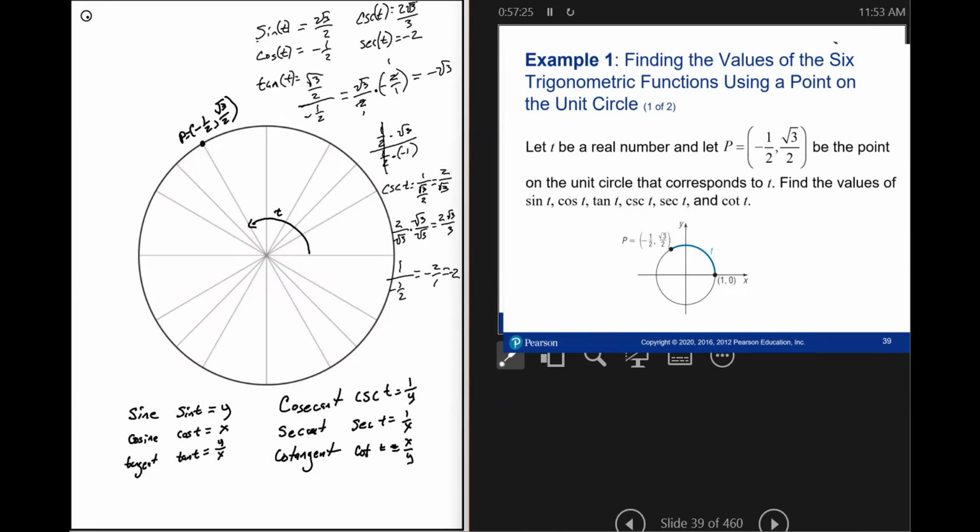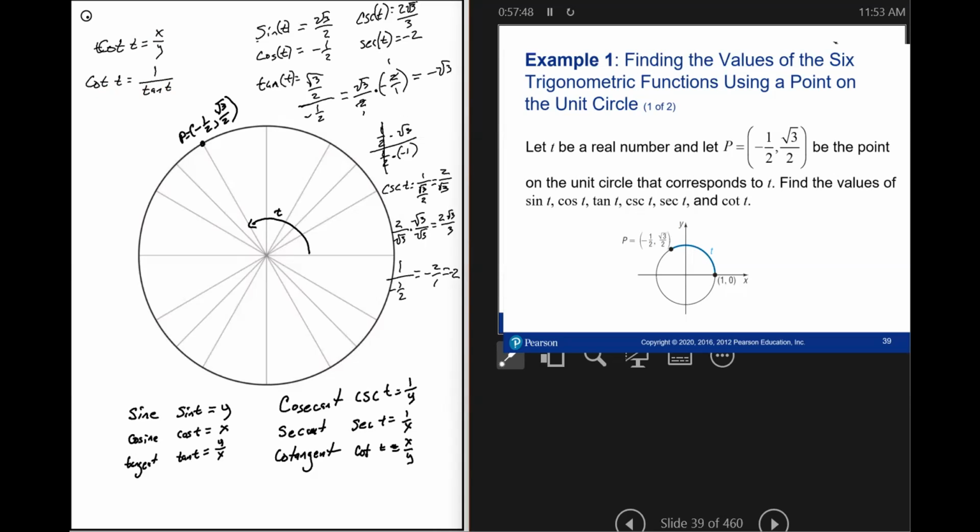And we can look at cotangent in two different ways. We can look at cotangent as being x over y, or we can look at cotangent as being 1 over tangent.